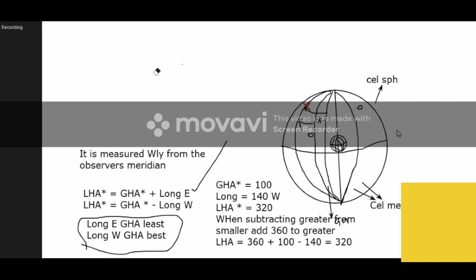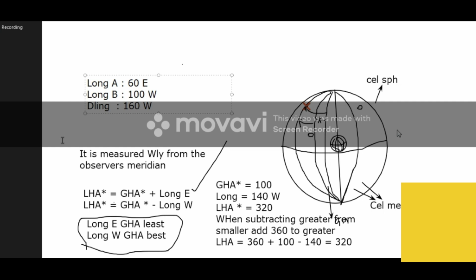Suppose longitude of A is 60 degrees east, longitude of B is 100 degrees west. Then D long would be, different names you're adding, equal to 160 west, correct? Understood this?